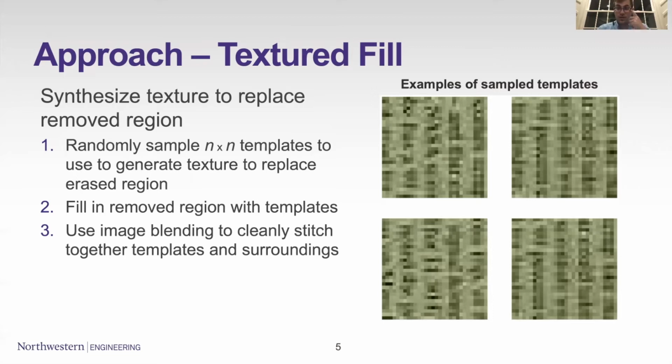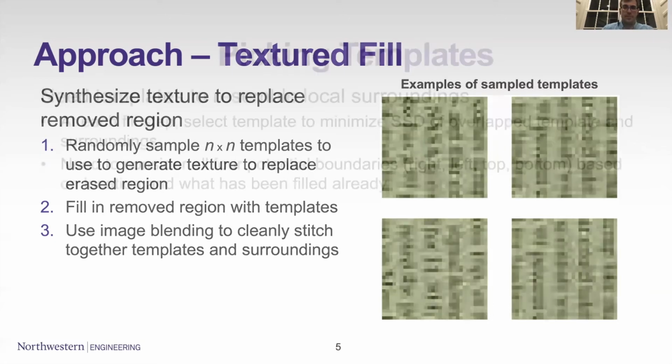For each one, you need to make sure that the patch being selected fits in reasonably well with the surrounding image boundaries. And then as a final step, image blending was used here to make a nice clean transition between images by considering an overlap region and not requiring straight lines. And I'll describe the method in a little bit more detail on the following slide.